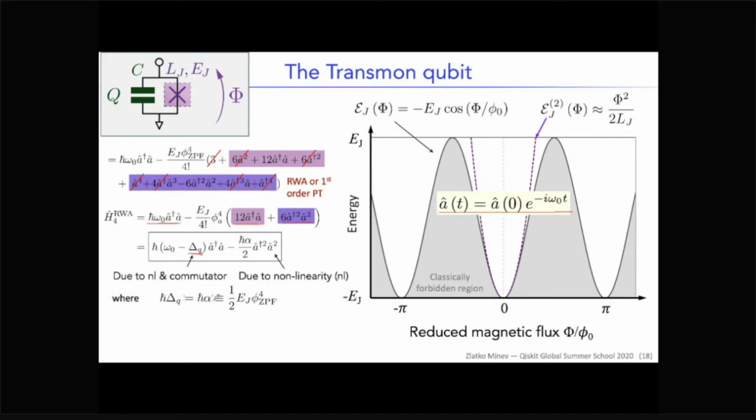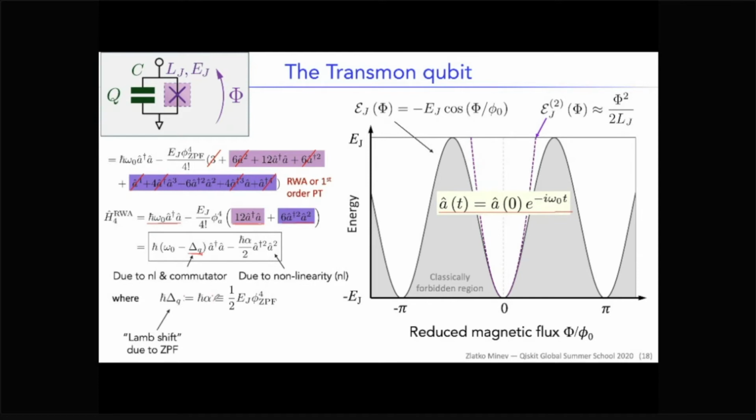And that equals 1/2 the Josephson junction energy times the zero-point quantum fluctuations of the reduced magnetic flux to the 4th power. This is a crucial relationship because on the left we have the renormalization of the linear frequency of the oscillator due to the zero-point quantum fluctuations.